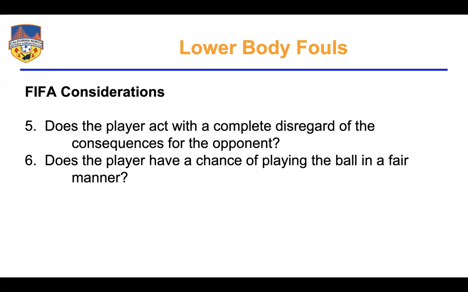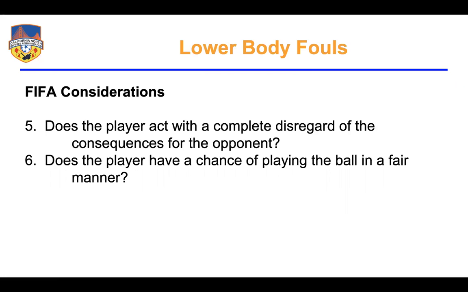A lot of these considerations have to do with what happens before the challenge is made, not just when the challenge is made. So for us to be able to know if a player is committing a foul, we have to be seeing ahead of time, does a defender have a fair chance to get to the ball? Is there any potential danger to a player with the tackle that they're about to make?